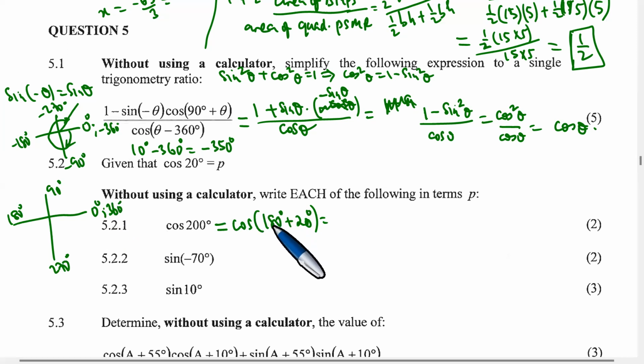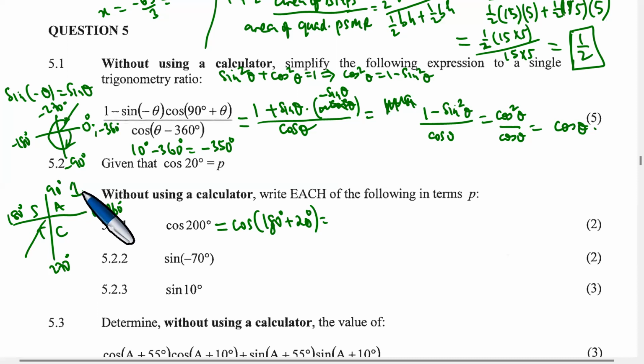So 180 plus, in which quadrant is that? If you move 0, 90, 180, so if you say 180 plus, you're here, because you're increasing from 180 towards 270. 180 plus 90 is 270. So 180 plus is in this quadrant.